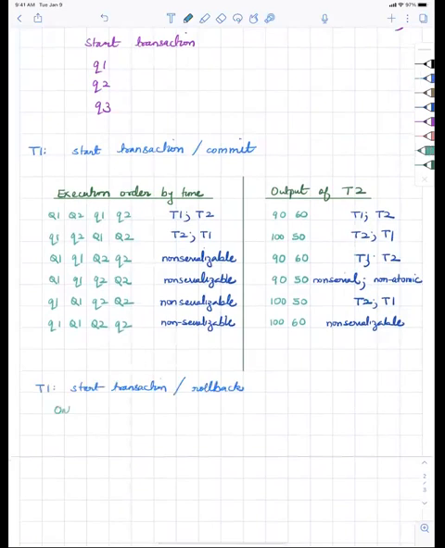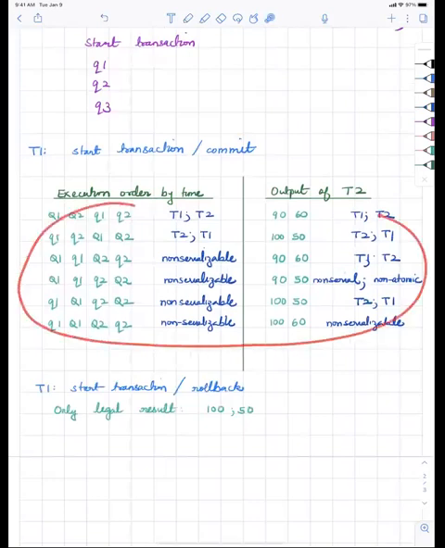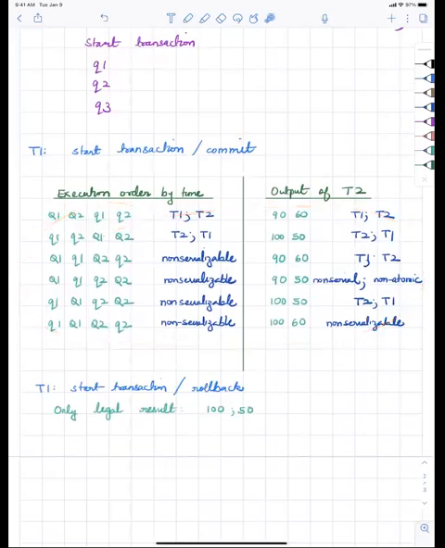That's the only legal result you should get. Because it's a rollback, it's not doing the update. So anything else that you get, and you can get all of these cases, if you did dirty read, you could get all of these results. You can get either 160, 150, everything. And the only one that's a possibility is 150.